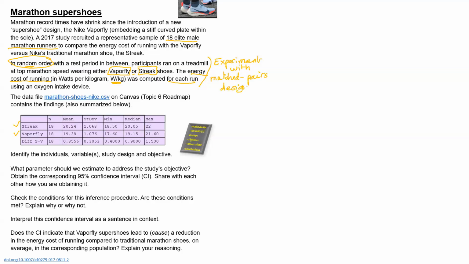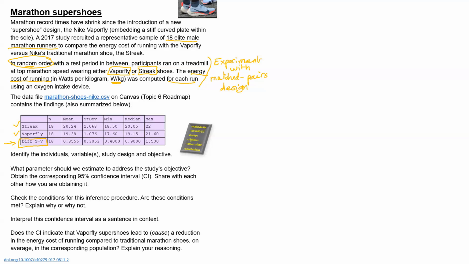So the objective of the study is to compare the energy cost of running with those two types of shoes for elite marathon runners. That means that what we are fundamentally truly interested in is this already computed pairwise difference in energy cost with the Streak minus with the Vaporfly.